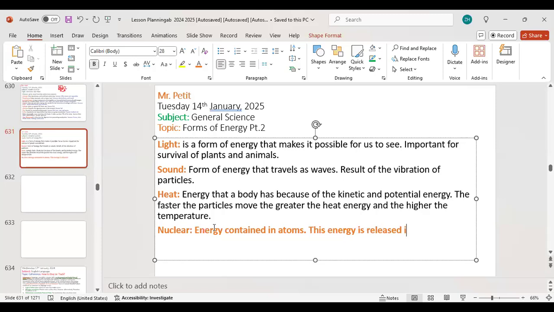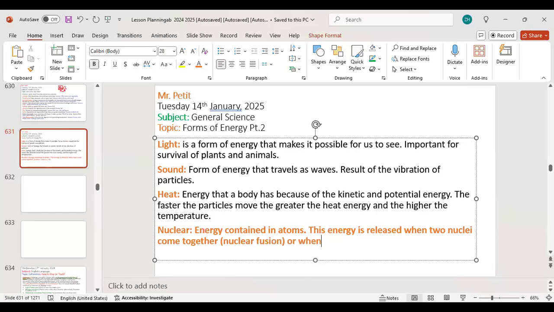This energy is released when two nuclei come together. We call that nuclear fusion.